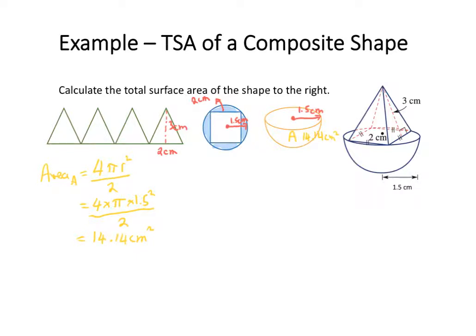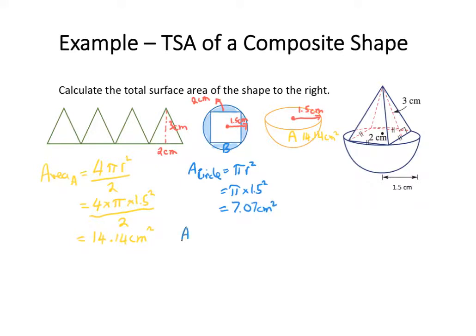Next, we'll move on and calculate the area of the circle excluding the square. We're going to call that area B. To calculate the area of B, which is the shaded part, we're first going to need to calculate the total area of the circle, and then subtract the area of the square. So the area of the circle is equal to pi r squared, which is pi times 1.5 squared, which is equal to 7.07 centimeters squared.